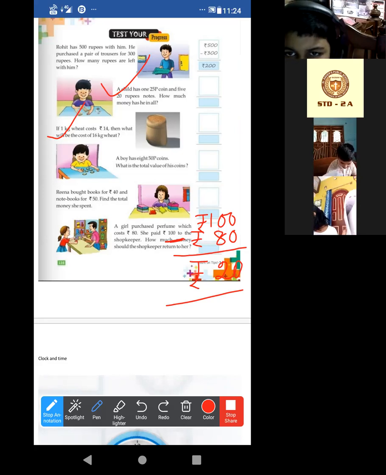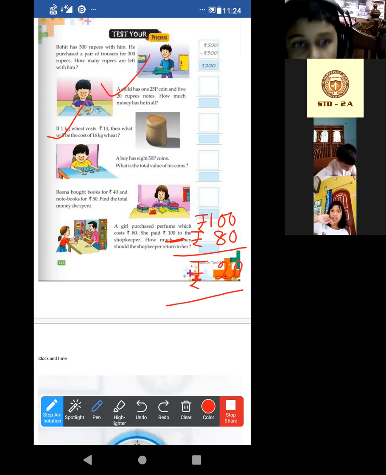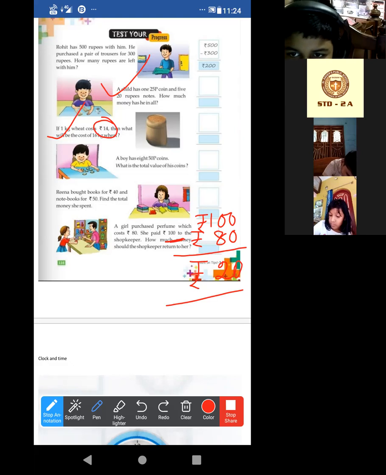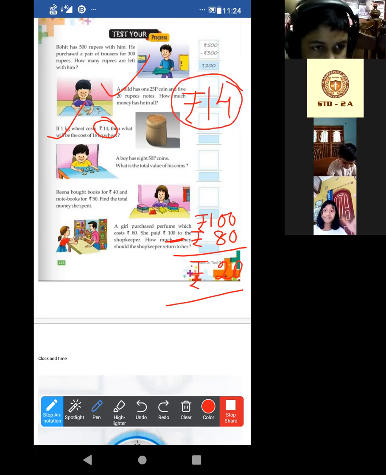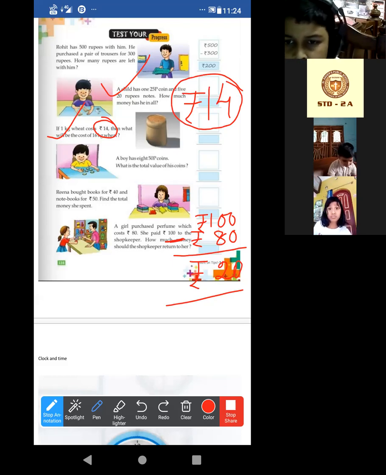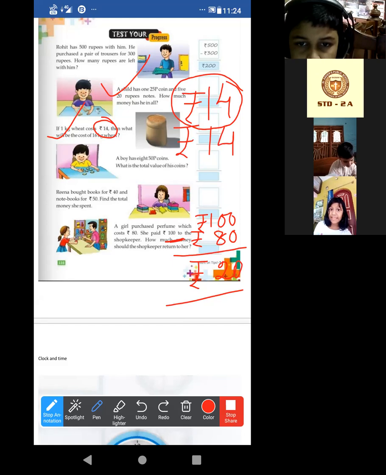Acha, now let me explain these two questions. Shreyam, listen to me very carefully. This one is given: 1 kilogram wheat cost rupees 14. So what will be the cost of 16 kilogram of wheat? Basically, Shreyam, what to do? 14 rupees is the cost of 1 kilogram wheat. The cost of 16 kilogram. 1 kilogram rupees 14. If we take another 1 kilogram, then another rupees 14 we have to pay. Another 1 kilogram, another rupees 14 we have to pay.